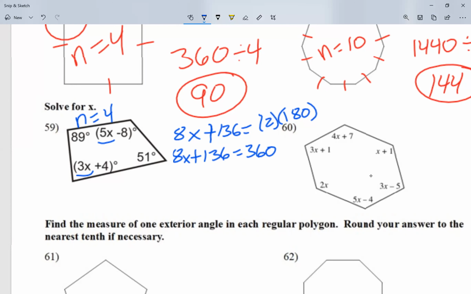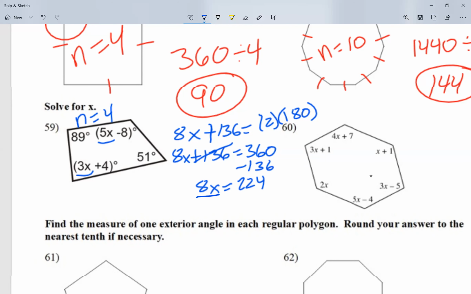I want that 8x by itself, so this plus 136, let me move it to the other side as a minus 136. So I'm going to get that 8x is equal to 224. 360 minus 136 gives me 224.